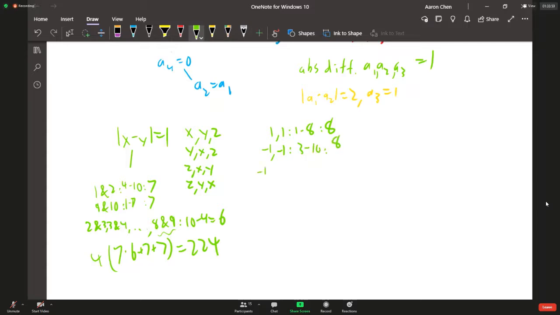And if the differences are -1 and 1, then the starting term could be anything from 2 through 10. And in this case, there's 9 possibilities. And if the differences are 1 and -1, then the starting number could range from 1 through 9, which also has 9 possibilities.